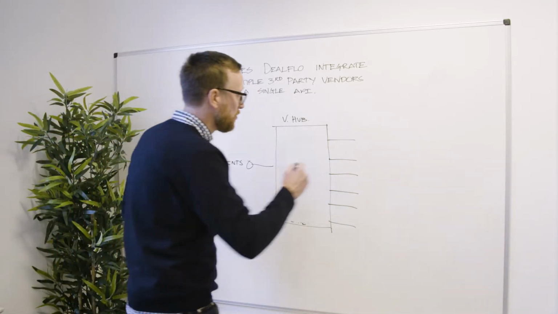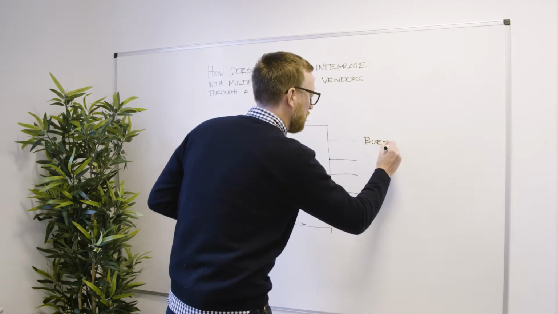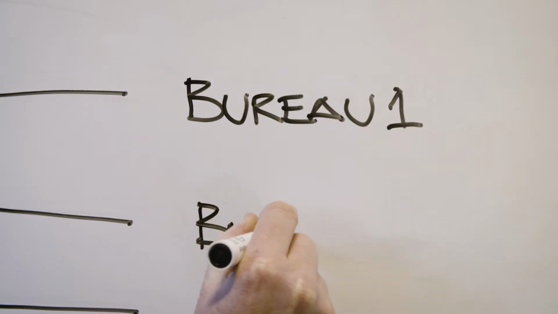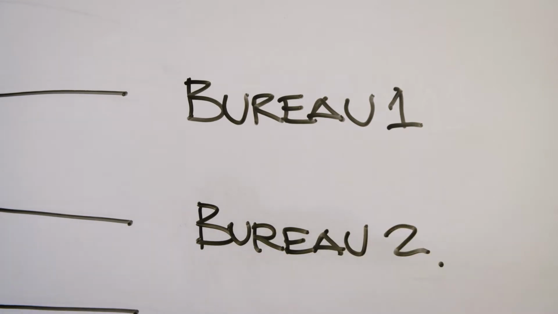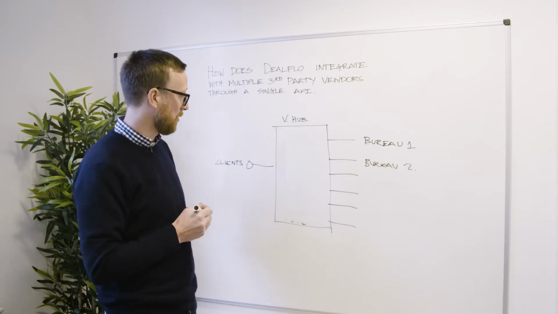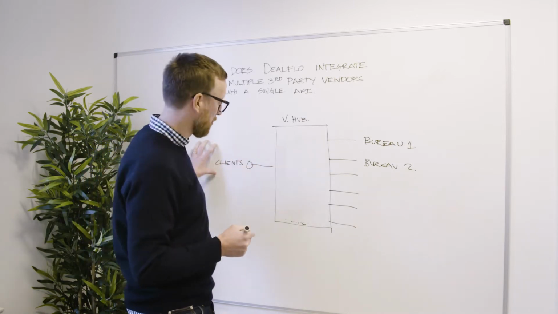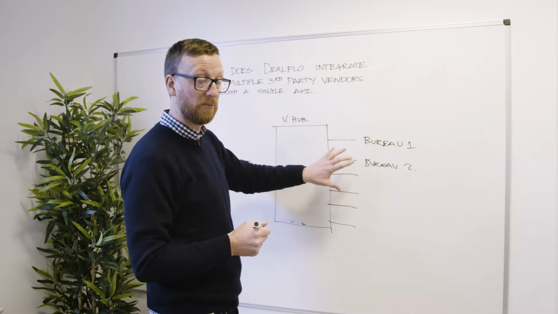So if we take Bureau 1, Bureau 2, both providing an identity check for KYC, eKYC. Now the same information is usually passed from client through Dealflo to each of the bureaus, normally name, address, and date of birth.